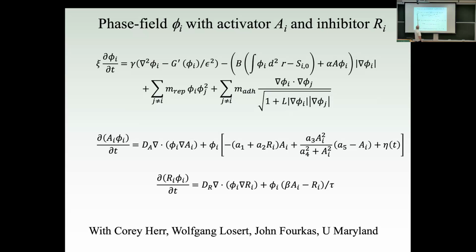It has the phase field equation, but now it's called phi instead of rho. Each cell has its own phase field and its own excitable network, described by variables Ri and Ai.